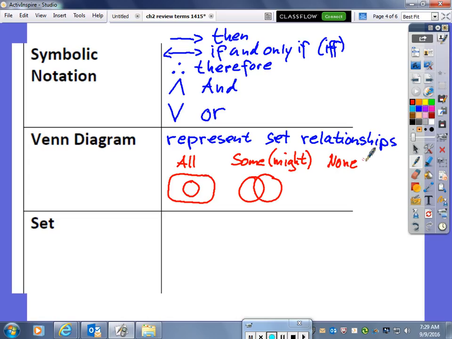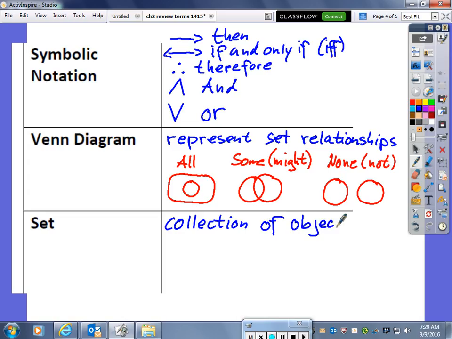None or not would be represented by two circles that are totally apart from each other and have no overlap. A set shown in a Venn diagram is really a collection of objects or groups or names, numbers, whatever it is that you are analyzing.